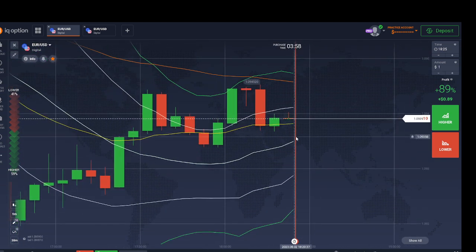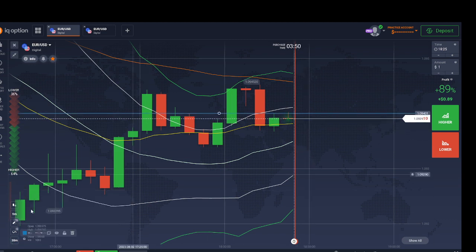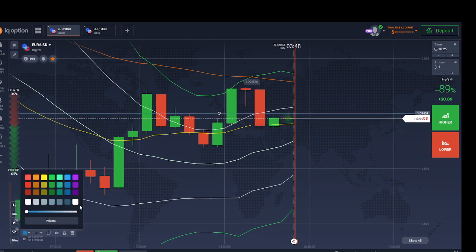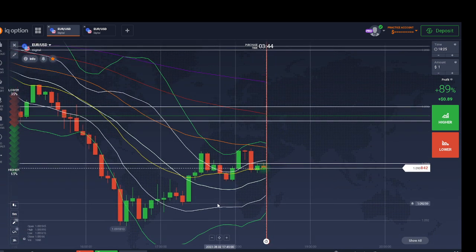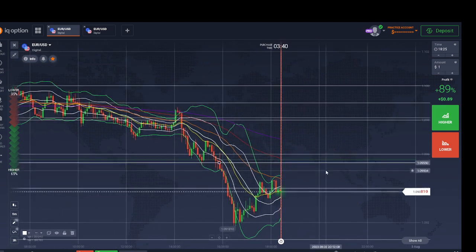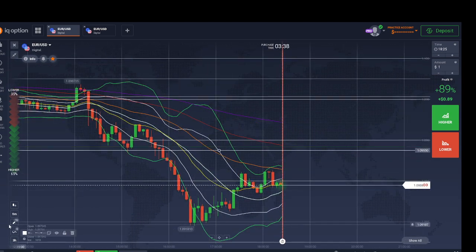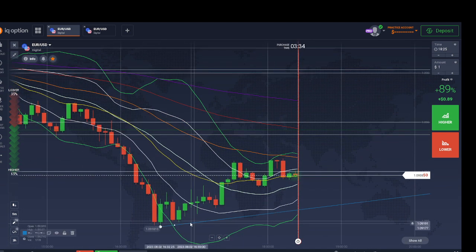So this stopped here. This is the 400 level. So what are the key areas here? This has been the lowest low so far.